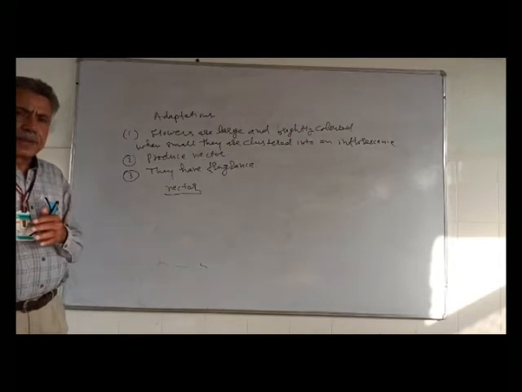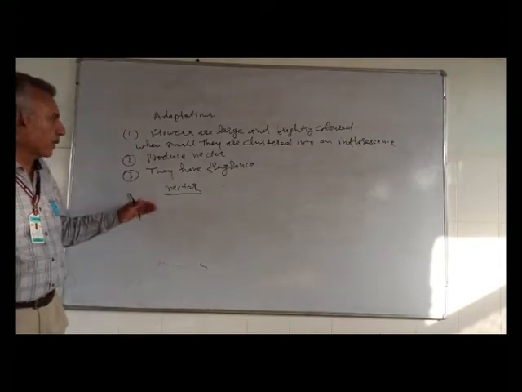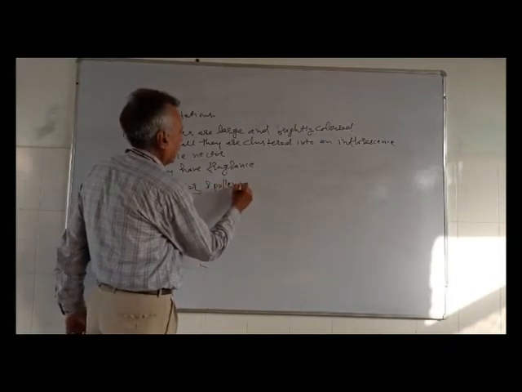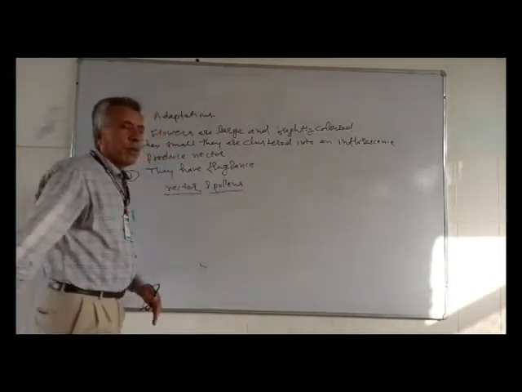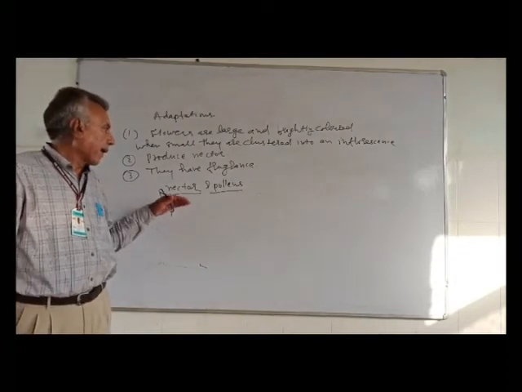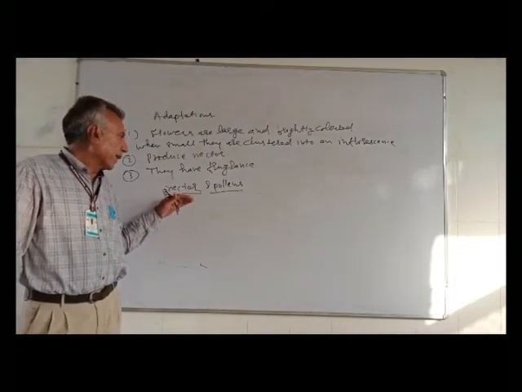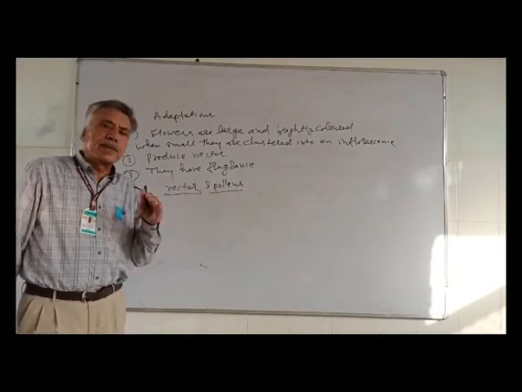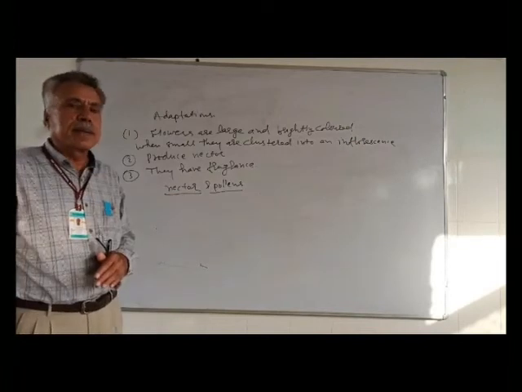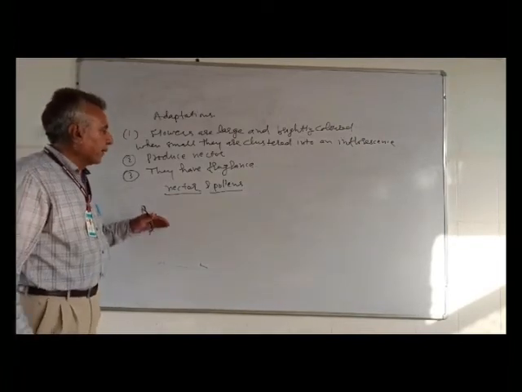They visit the flowers to get the nectar and pollen. Nectar and pollen both are nutritious products, and to get nectar and pollen they visit inside the flowers. In return for this visit, the flower gets pollination.